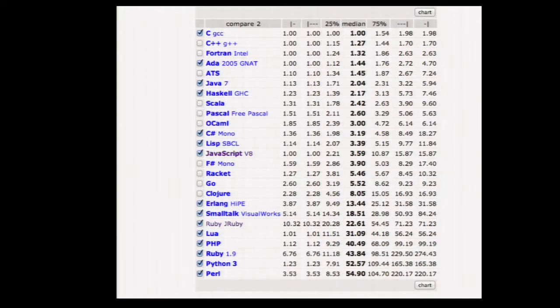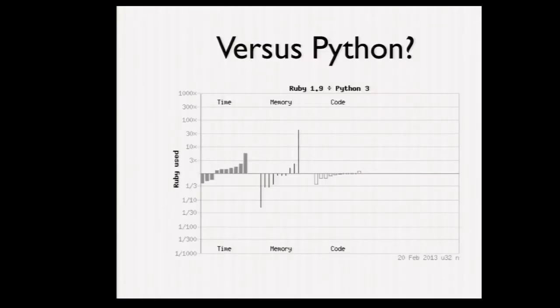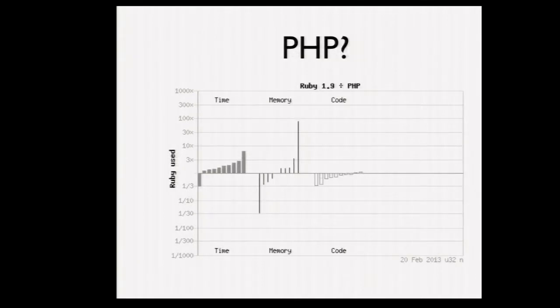So if we look at these in more detail, what do we actually have as far as comparison with these different languages? Ruby versus Python, looks like on some benchmarks it's a little bit faster, on some benchmarks it's a little bit slower, but Ruby and Python kind of end up being around on par as far as performance goes these days.